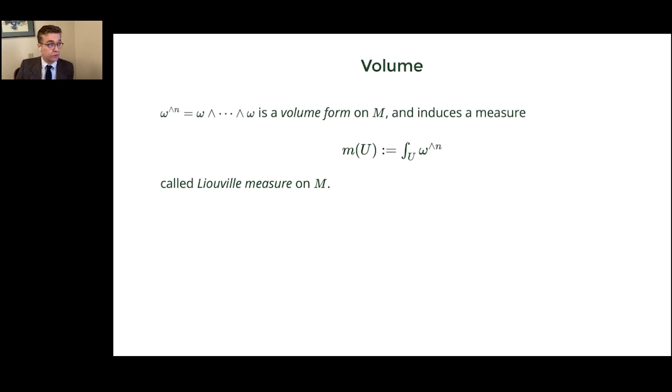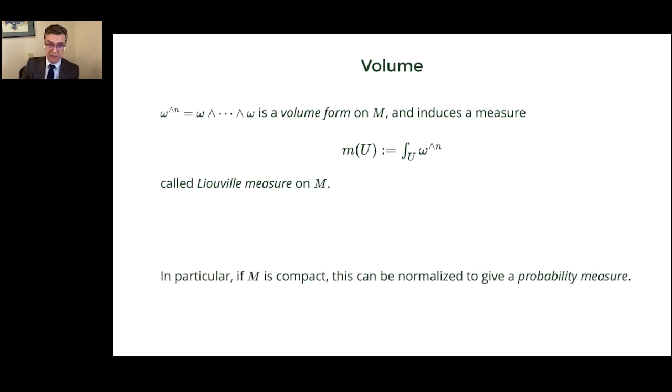And what do volume forms get you? Well, I like to think about things like sampling, and if I want to talk about sampling, I need to have a probability measure. If I have a volume form, I have a measure, right? The measure of a subset is just the integral of this volume form over the subset. This measure is usually called the Liouville measure, sometimes the symplectic measure or symplectic volume, and whenever I have a symplectic form, I automatically get this volume form and associated Liouville measure.